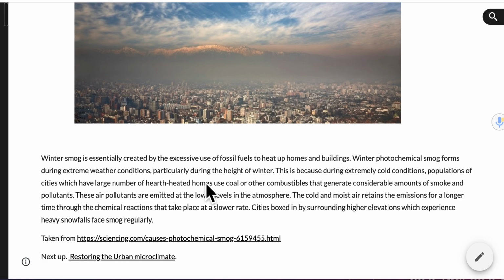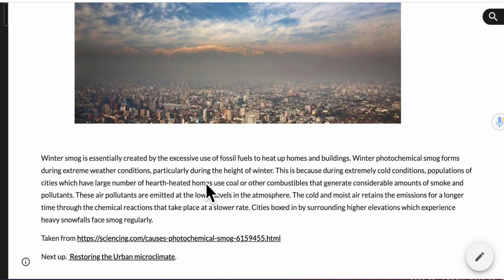Because of the colder conditions, you tend not to get photochemical smog because you haven't got enough solar energy coming in to break those volatile organic compounds and break those NOx chains. So winter smog is very, very dangerous. If I had to say, I'd want to take my chances with the winter smog rather than the photochemical smog. My feeling is that it would be a lot more toxic.